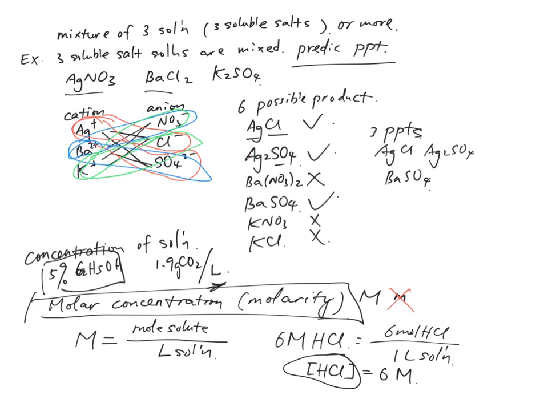All right, so how do we get the concentration? Well, you have 2 things. If you have those 2 things, the moles of solute and the liters of solution, you can always calculate the molar concentration or molarity.